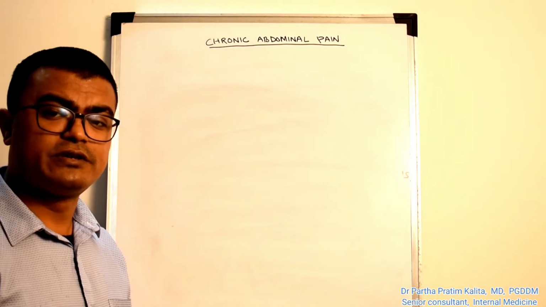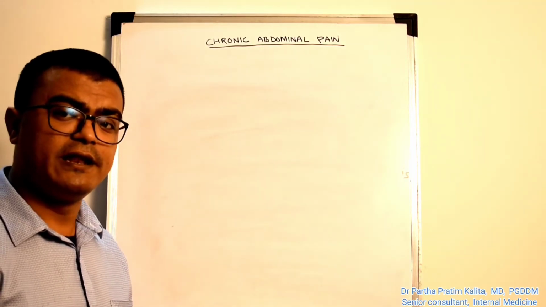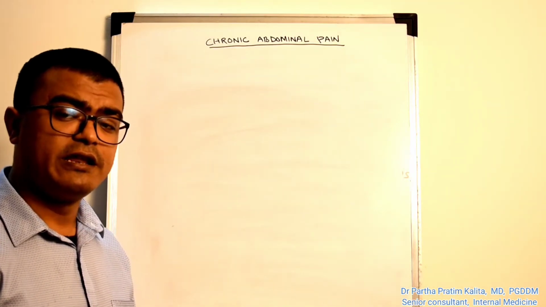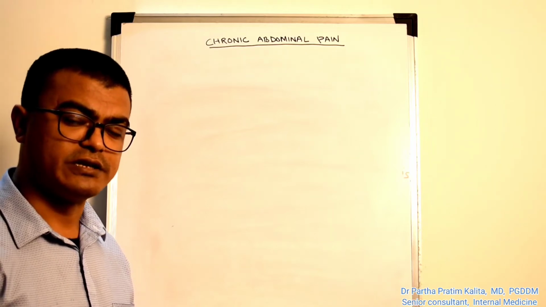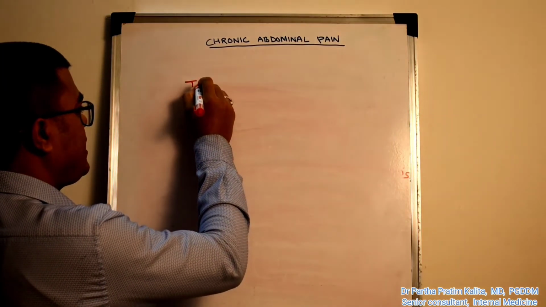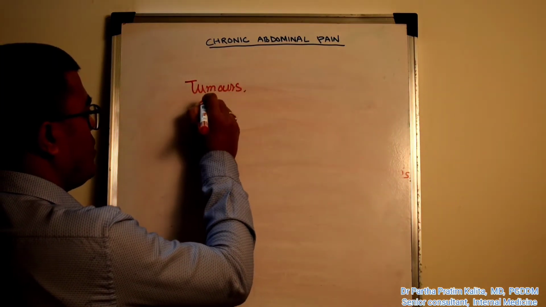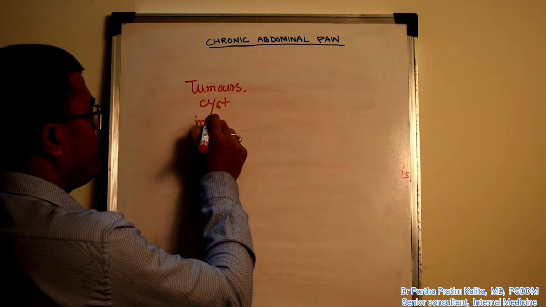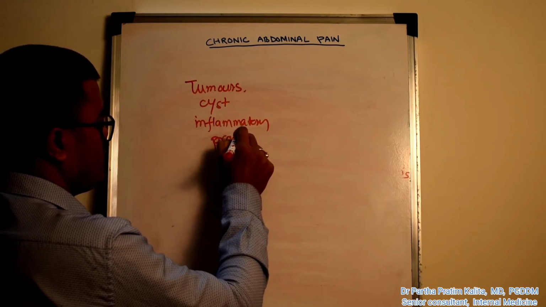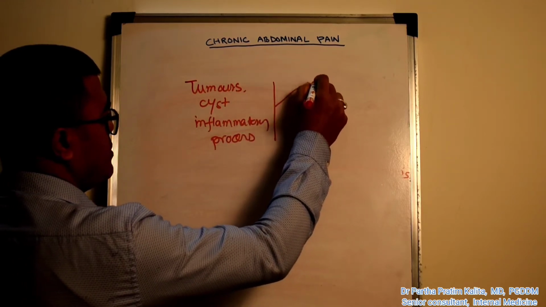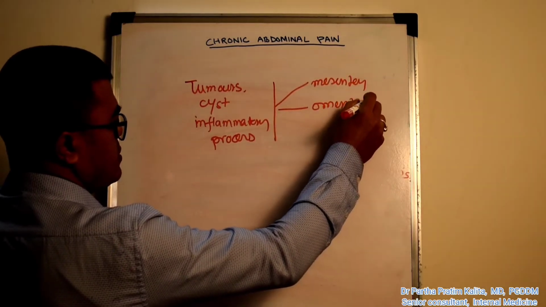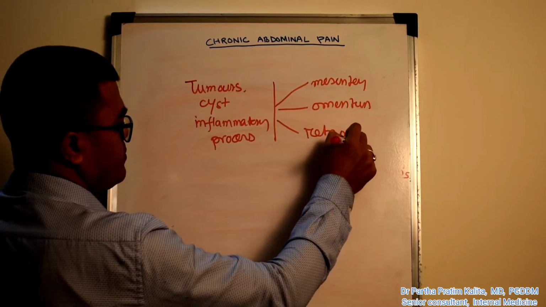Now, if the source is inapparent or the diagnosis of the source of the chronic abdominal pain is still not clear, then we have to rule out some of the other causes. Among these important causes, we have to look for any kind of tumors or cyst or any inflammatory process in the mesentery, omentum or in the retroperitoneum.